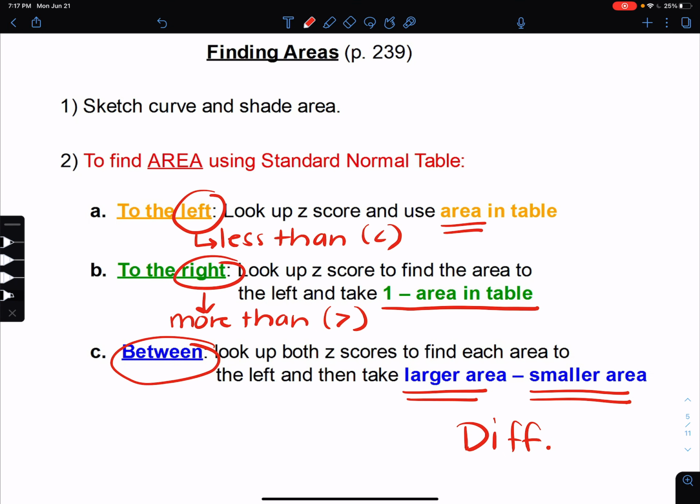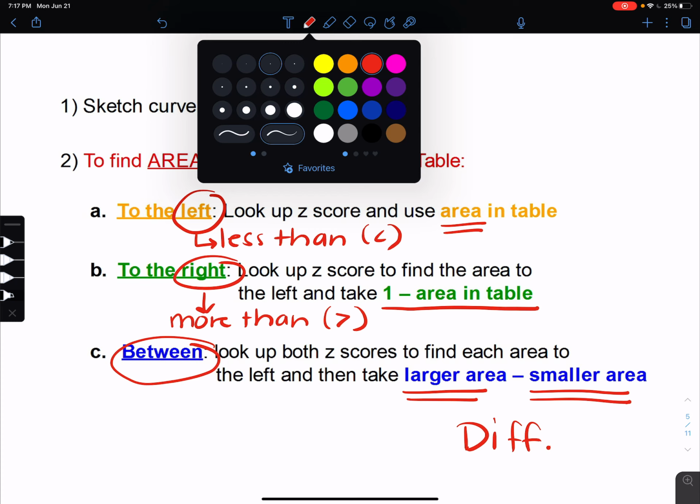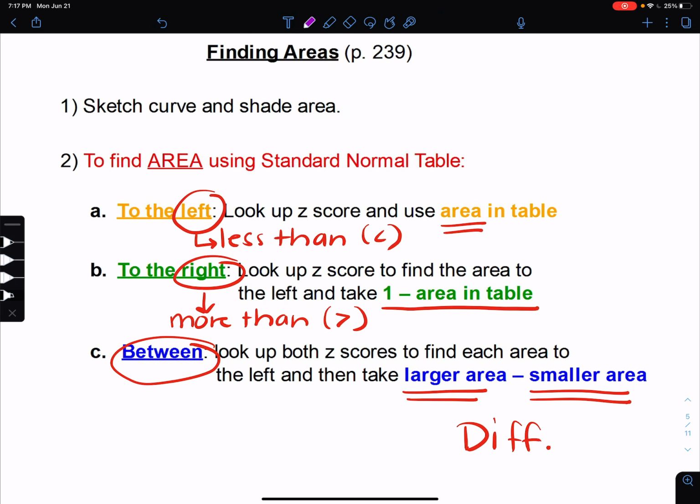So the best thing to remember when you're working through the homework here: area to the left is the same thing as the probability less than. Left, less than.